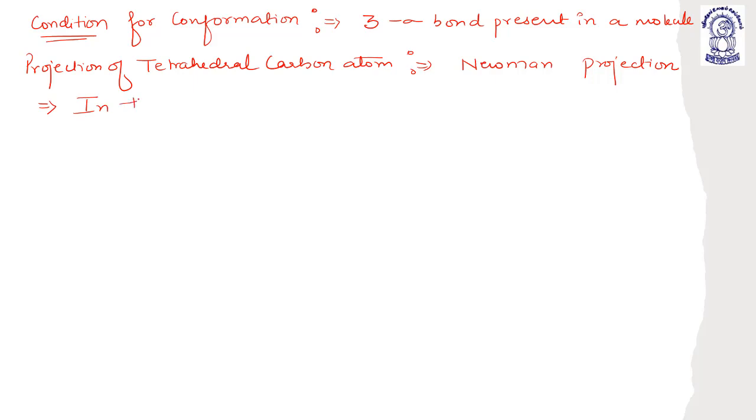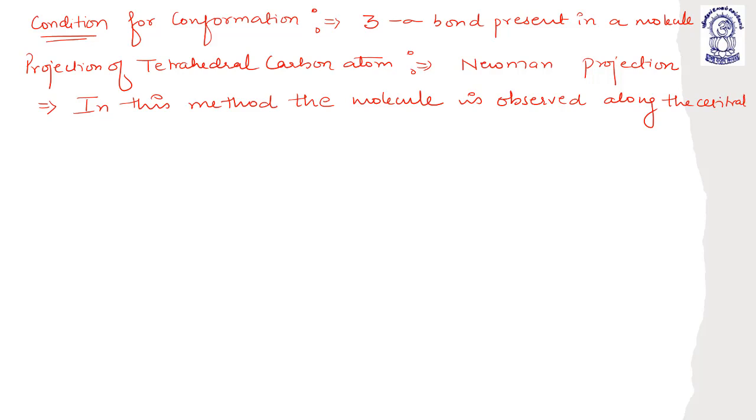in this method, the molecule is observed along the central carbon-carbon rotational axis, along the central carbon-carbon bond.